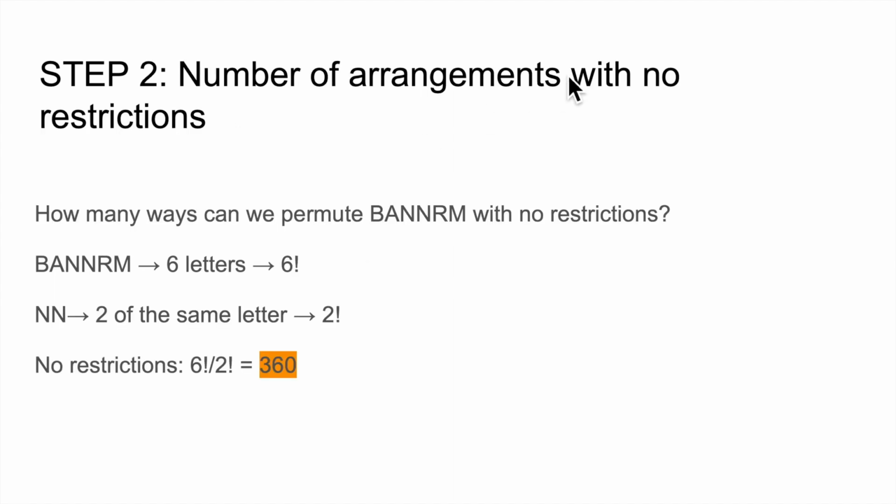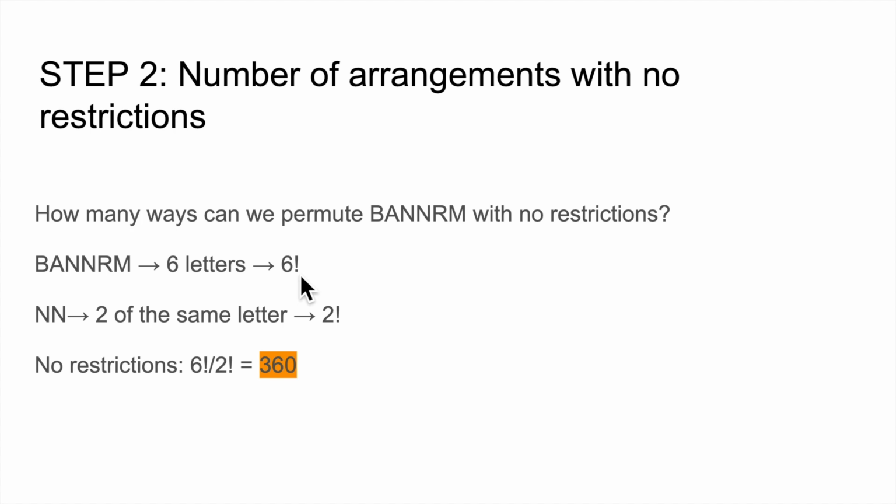Well, we are going to find the number of arrangements with no restrictions with our new 6-letter word that we've made once we've combined all the A's. So how are we going to do that? Well, let's see. Bananrm, that's a 6-letter word, like I mentioned before. Using permutations, we can do 6 factorial to find the number of ways it can be arranged.